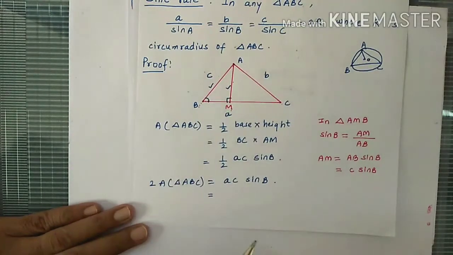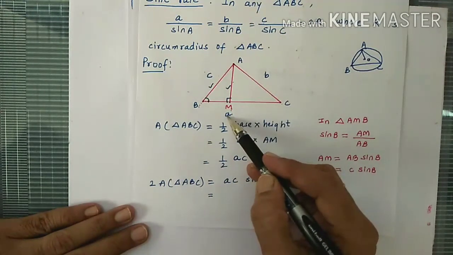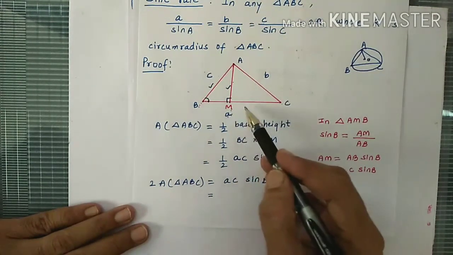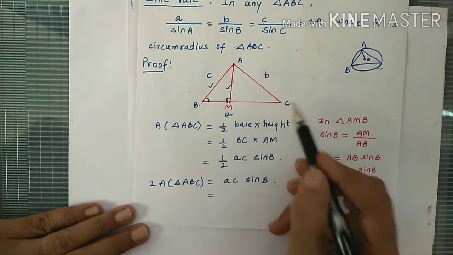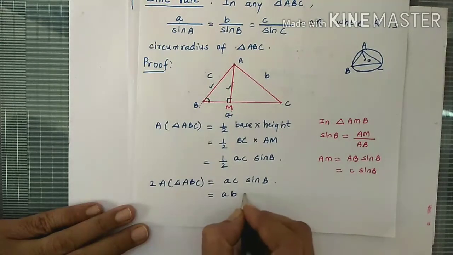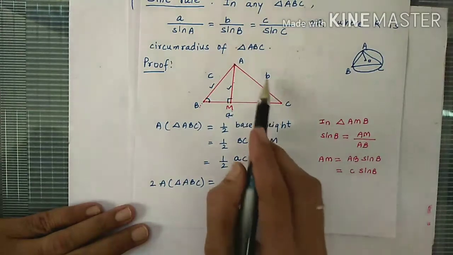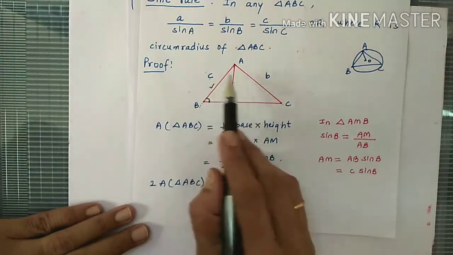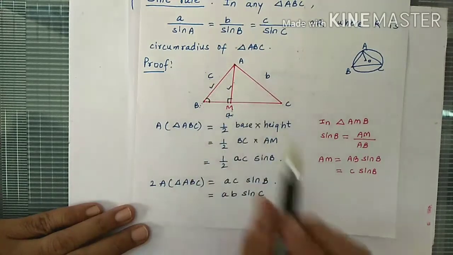Similarly, if we take these two sides AB, we have to take the angle in between them, and the angle between them is C. So 2 into area becomes AB sine C. And if we take sides B and C, we have to take angle A as it lies between them.